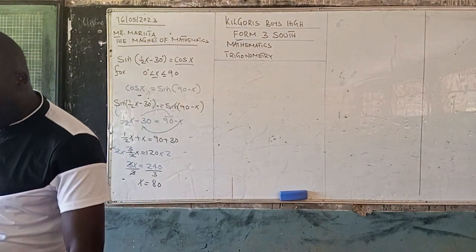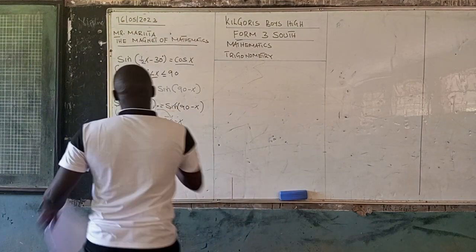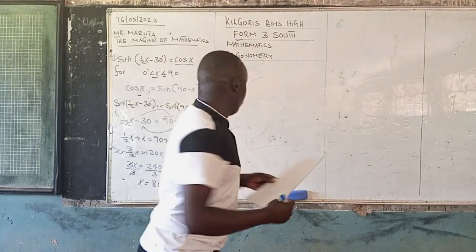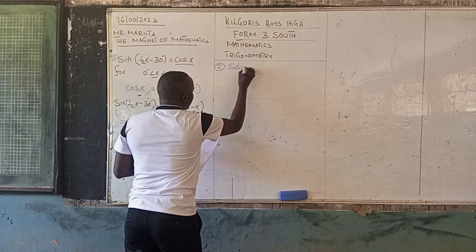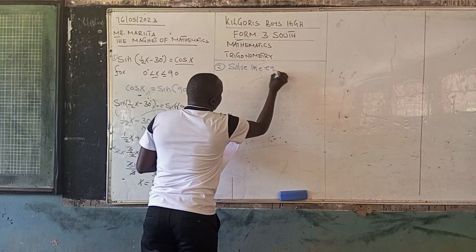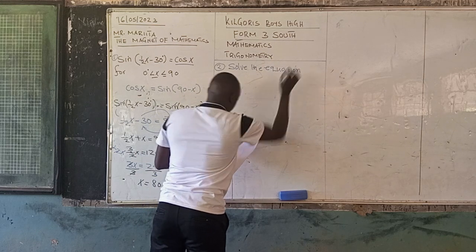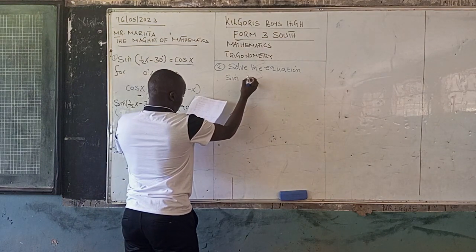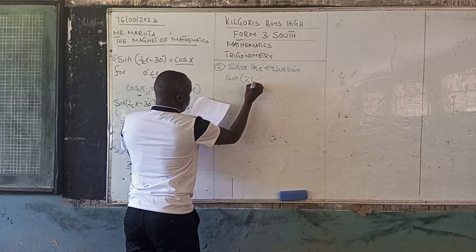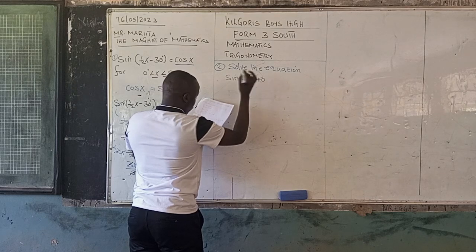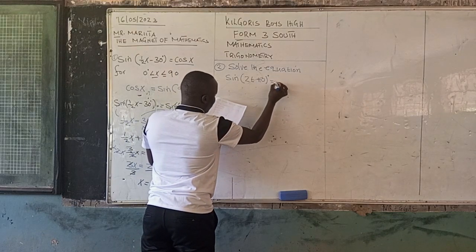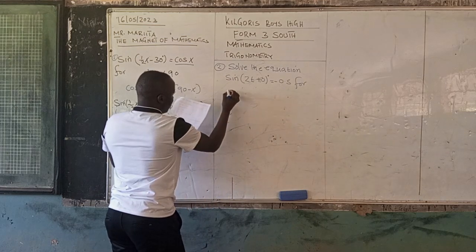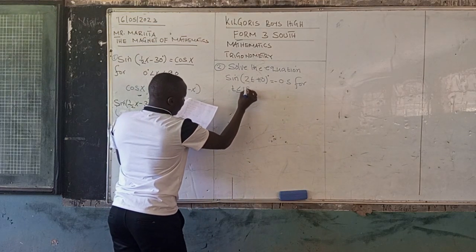We proceed to question 2. Solve the equation: sine of (2t plus 10 degrees) equals negative 0.5, where t is between the range 0 degrees and 180 degrees.